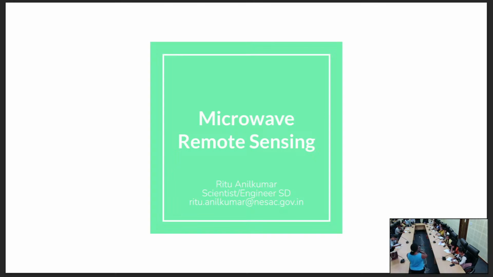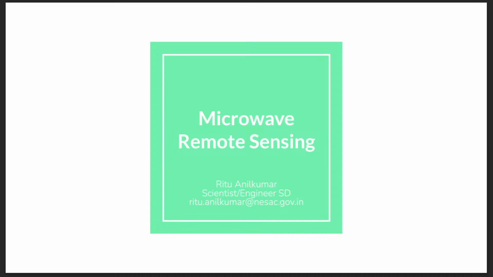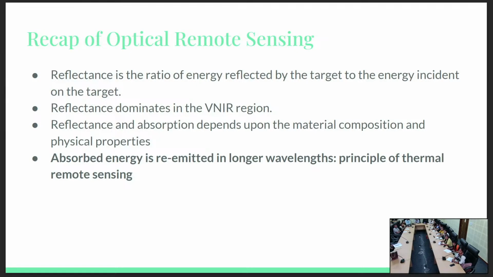We saw visible light from 400 nanometer to 700 nanometer. Then we saw that after that is infrared, and after that what happens? Even larger wavelengths come, right? So we saw near infrared, short wave infrared, then thermal infrared or long wave infrared. Do you want me to go back to that slide and show you?